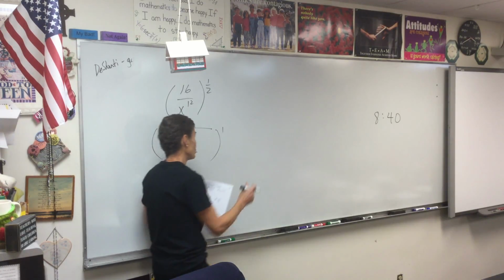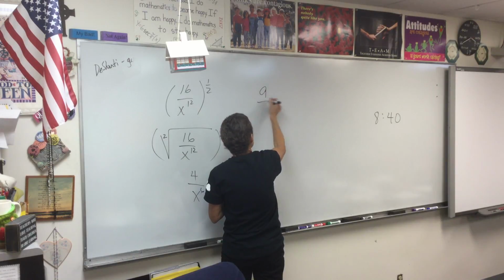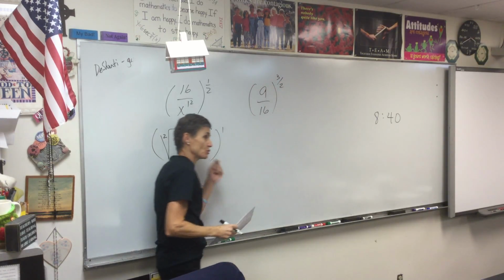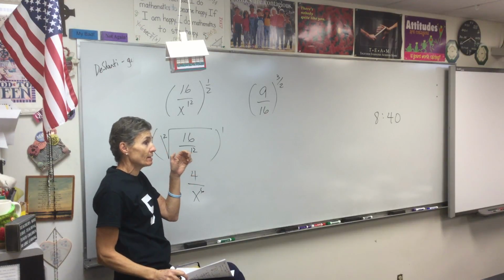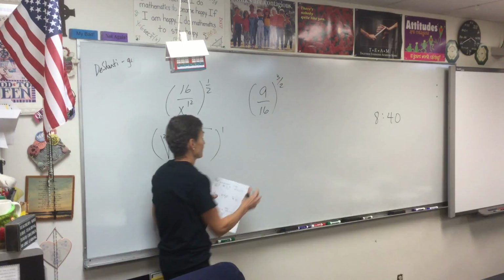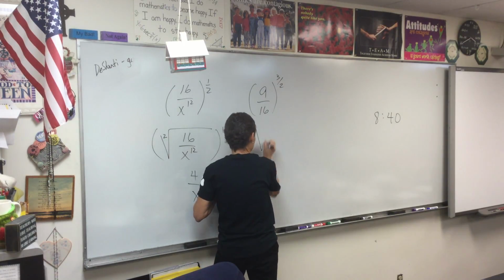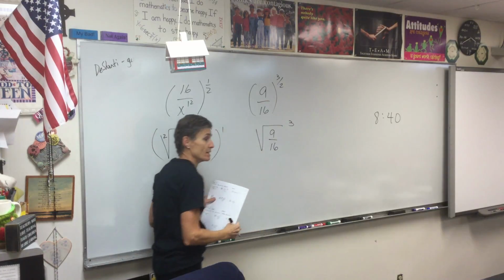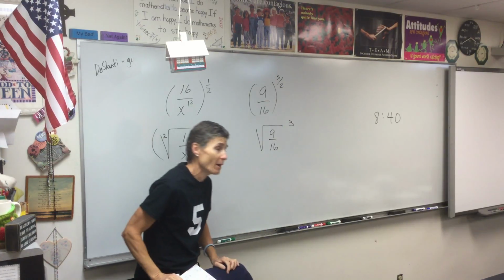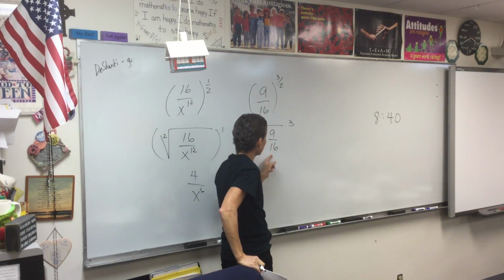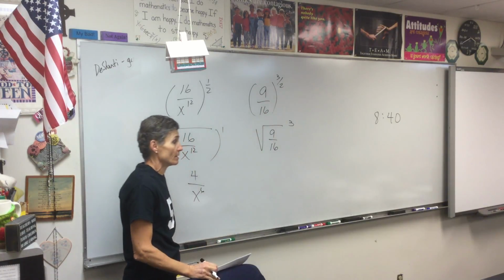All right, what about number 2? What does 9/16 to the 3/2 mean? I just told you. That's a radical. It means the square root cubed. Not times 3, but cubed to the 3rd power. So the 3/2 means the square root of 9/16, cubed.